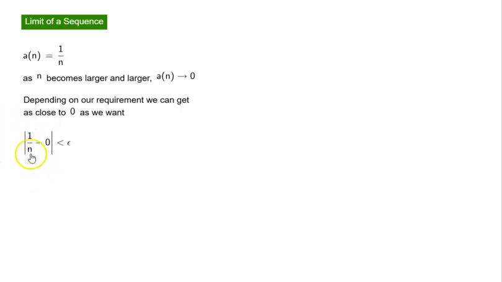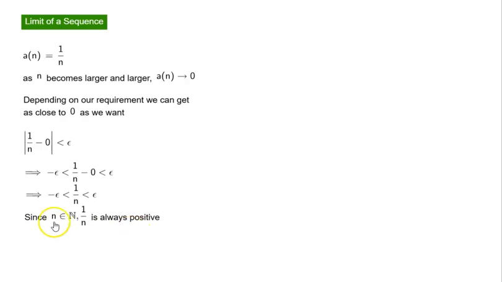Magnitude of 1 by n minus 0 is less than epsilon. Here, remember, epsilon we choose depending on our requirement of how close we want to get to 0, which implies 1 by n minus 0 is between minus epsilon and epsilon, which implies 1 by n is between minus epsilon and epsilon. 0 we can ignore.